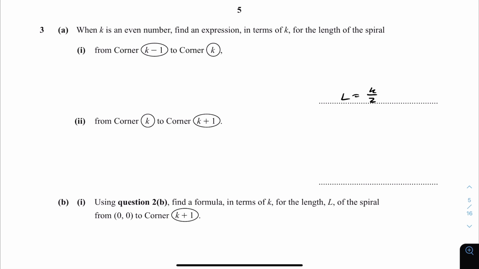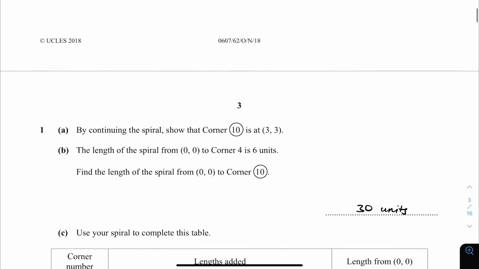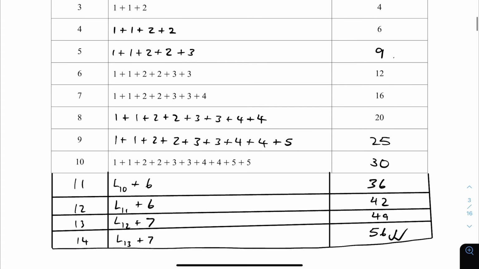So from corner k to corner k plus 1, well, we can go back to the table and take a look over there. So k is an even number. If we go from 6 to 7, well, it goes from 12 to 16, which is plus 4. If we go from 8 to 9, then we're going from 20 to 25, which is plus 5.